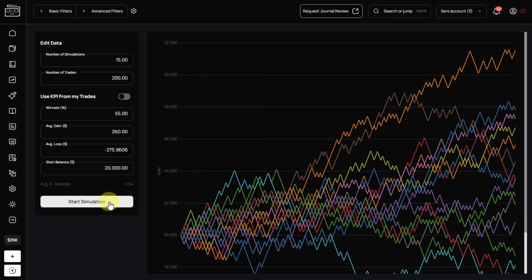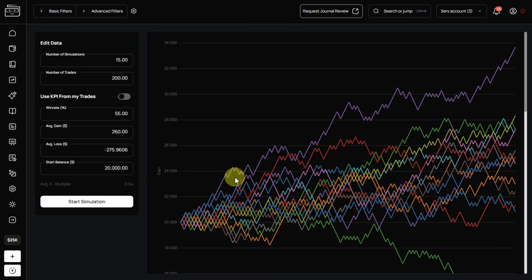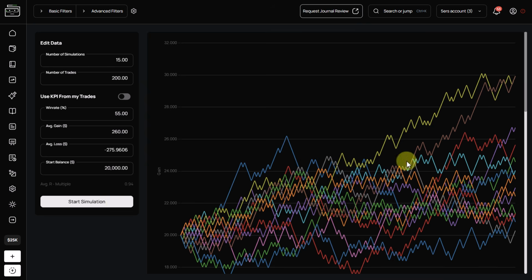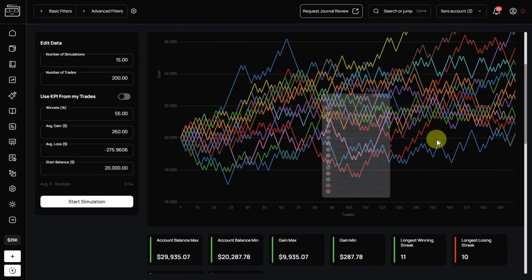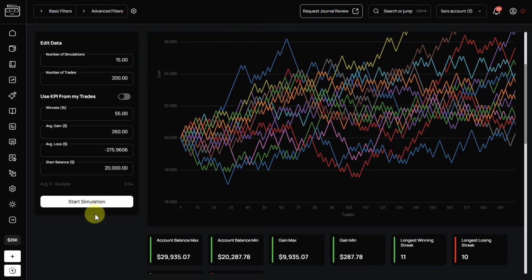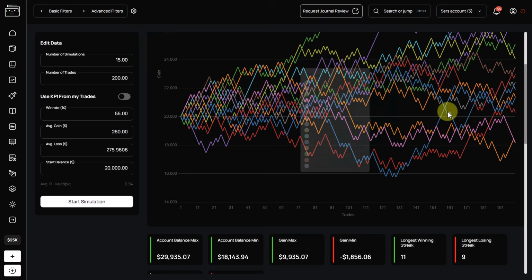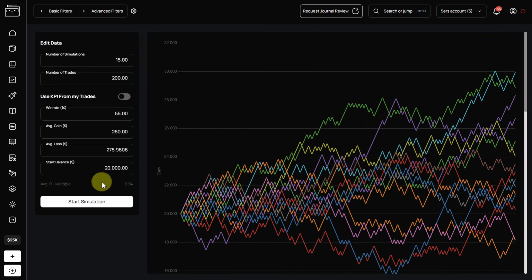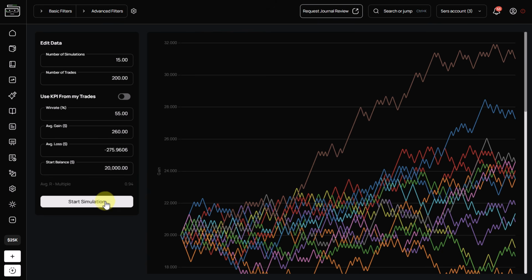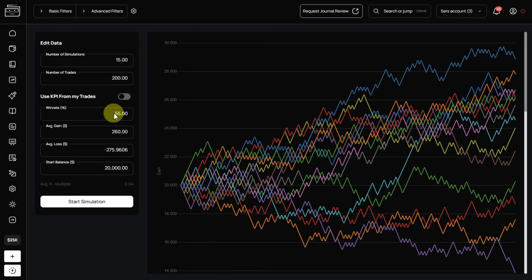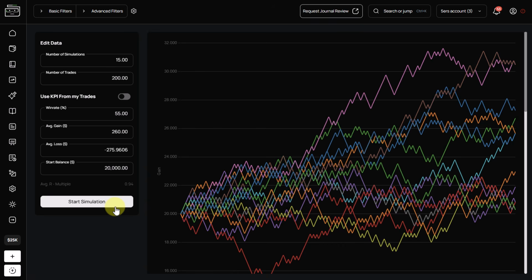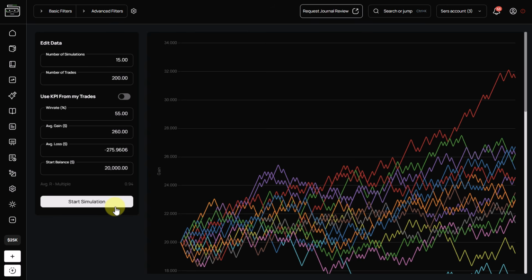But when we now look at the data, we can see the winning graphs are pointing upwards much, much stronger. And now he barely has lines that end up below the starting balance. So this already has a very, very big impact on the future account development, just by getting the win rate up a little bit and just by increasing his winners a little bit. He has a much higher chance of becoming profitable.